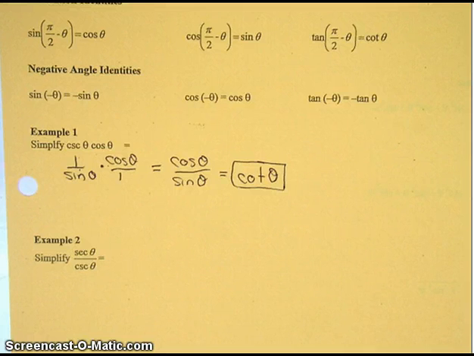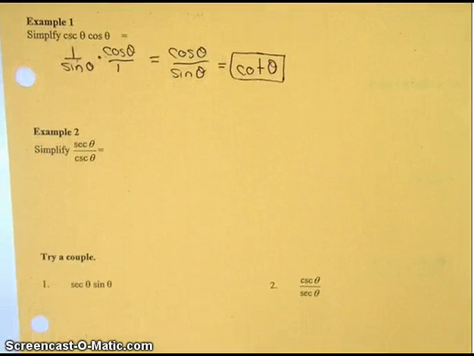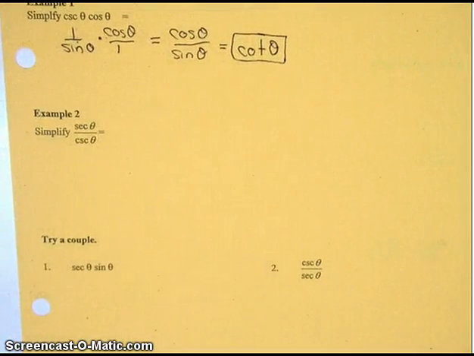All right. Next one, secant theta divided by cosecant theta. I never leave secant and I never leave cosecant, just so you know. So Vanna, head on up again. We're looking at the first row.